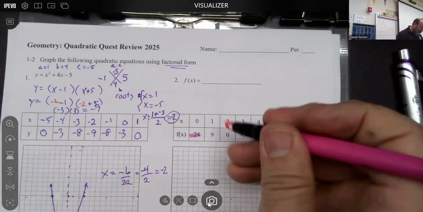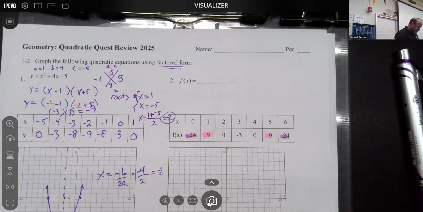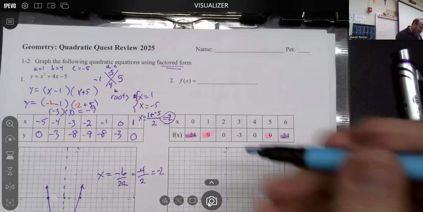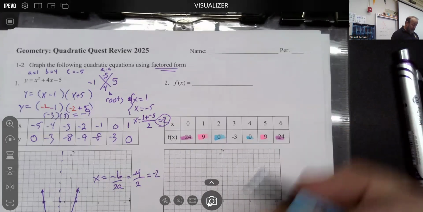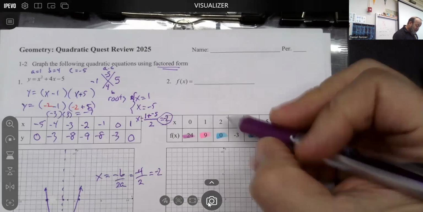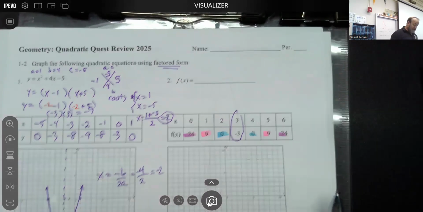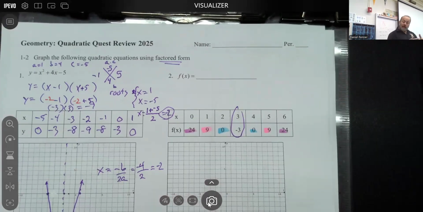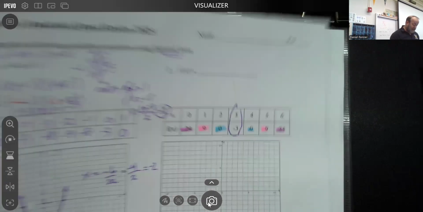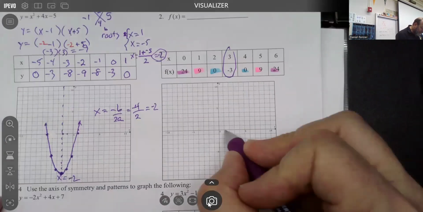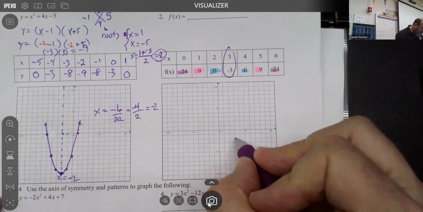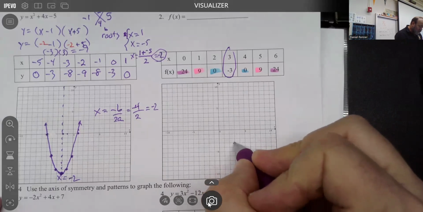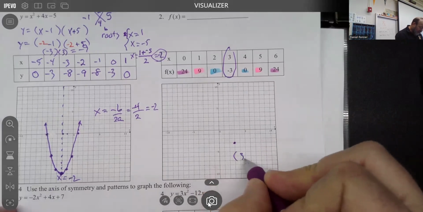I got a couple of 9s. I keep going. I got a couple of zeros and I got the 3. So that means this value right here at 3 comma -3 should be the one right smack dab in the middle of my table. So 3 comma -3 should be my vertex.